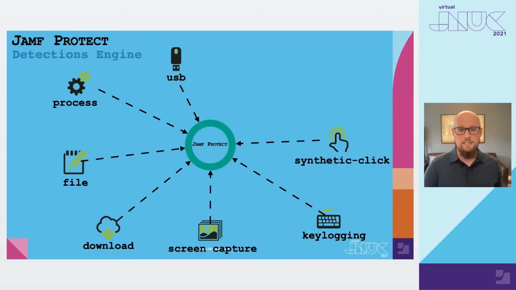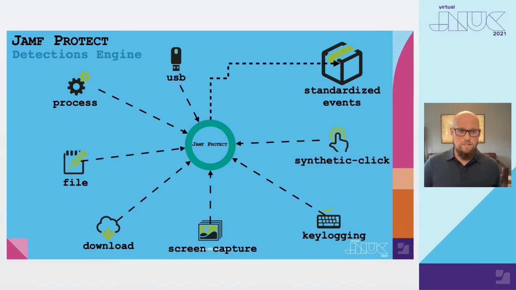Before I get into exactly how we did that, it's important to understand how the Jamf Protect detections engine works. For those who aren't familiar, Jamf Protect is able to take different behaviors that are occurring on the system and turn those behaviors into standardized events that we can base logic on. So, for example, if a process is created on the system, we can look at the path of that process along with maybe the command line arguments that were contained inside of it.